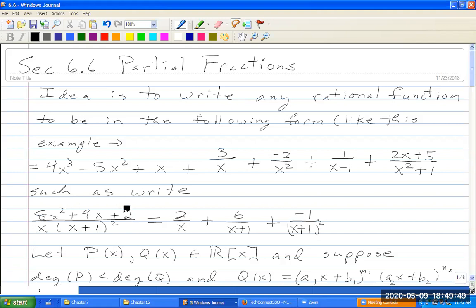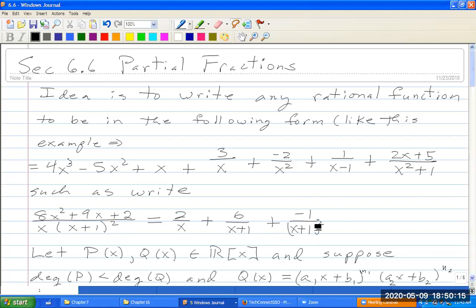I could write something, say (8x squared plus 9x plus 2) over (x plus 1) squared as some constant over x, because look, there's an x here, 2 over x, plus some constant over x plus 1, because there's an x plus 1 here, plus some constant over (x plus 1) squared, because you have a squared.